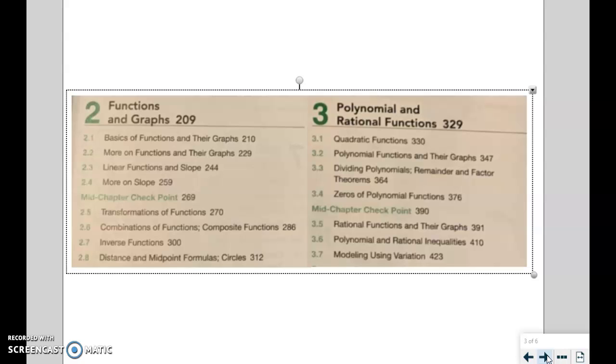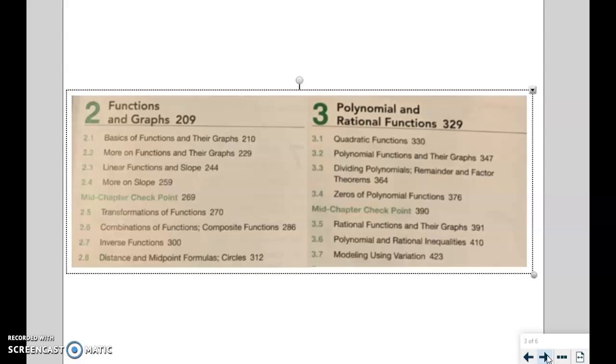Inverse functions, distance and midpoint formulas, which are always good, and then on to circles. Quadratic functions in chapter 3, polynomial functions and their graphs, dividing polynomials. Oh my gosh, when we get to the remainder and factor theorems, finding zeros and synthetic division, I love those units.